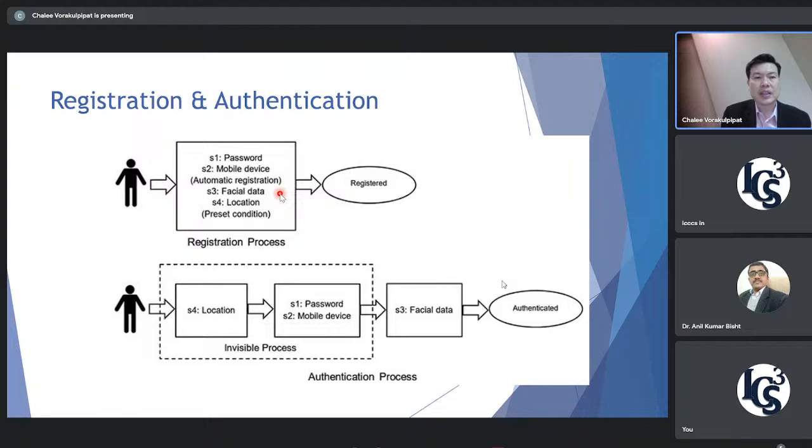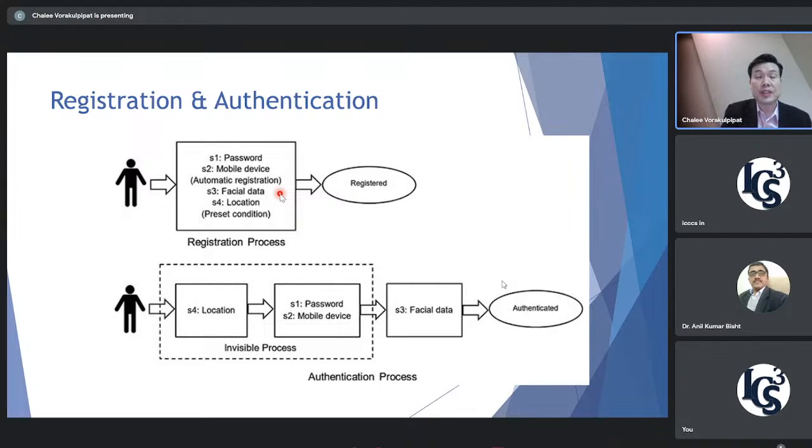Staff don't need to register anything because the location data must be preset in advance by the developer. They input the location of the office just to check if you are in this location or not, right? So that is the registration process.